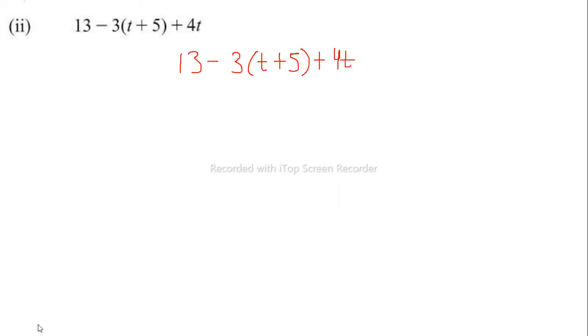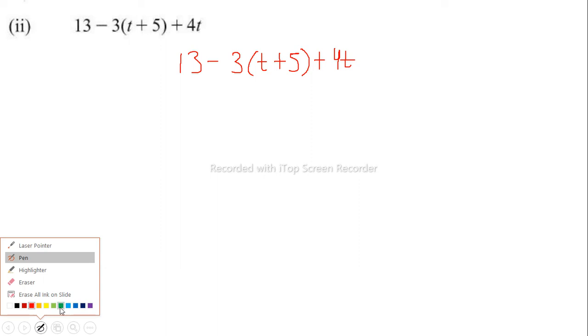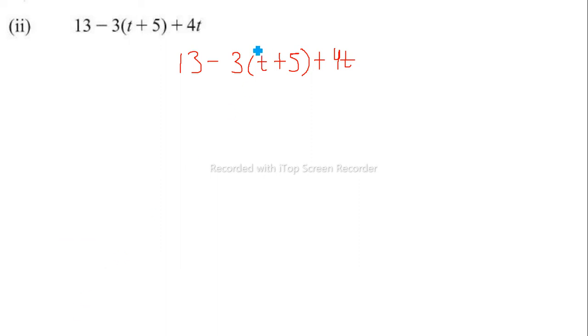That's going to be equal to, well, the first thing we're going to do is multiply the bracket: the negative 3 by the t, and the negative 3 by the 5.